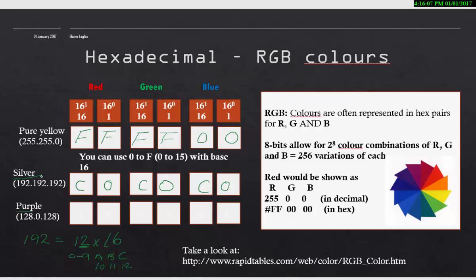How do we make purple? Well, let's start with how many 16s we need to make 128. Again, if I was the computer, I would do this a lot quicker. But I know I don't need 10. So is it something like 8? 16 times something will make 128. If you've got an excellent maths brain, you would work this out straight away. So is it 8?